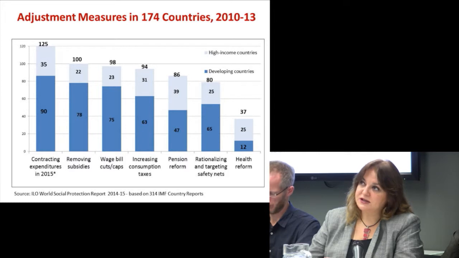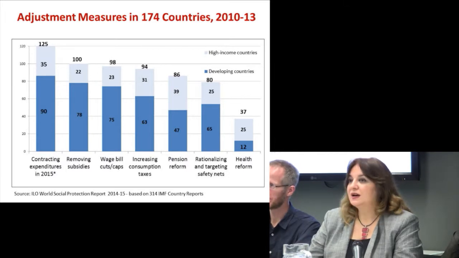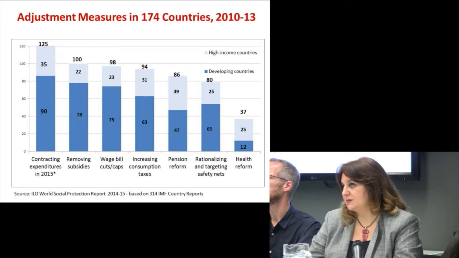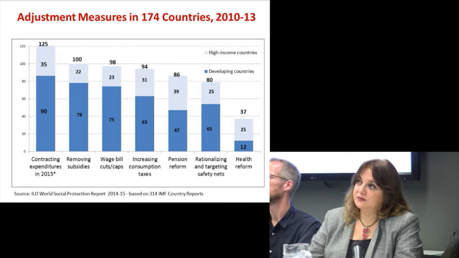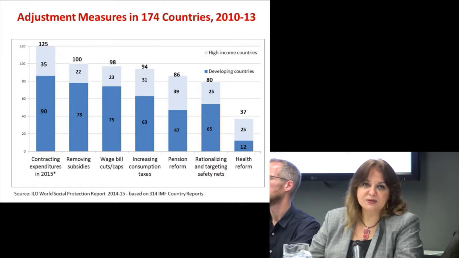And what are the adjustment measures? For that, we reviewed 314, nothing less, IMF reports. And we found that the majority of countries are actually removing subsidies. As many as 98 countries are considering cuts or caps on the wage bill.